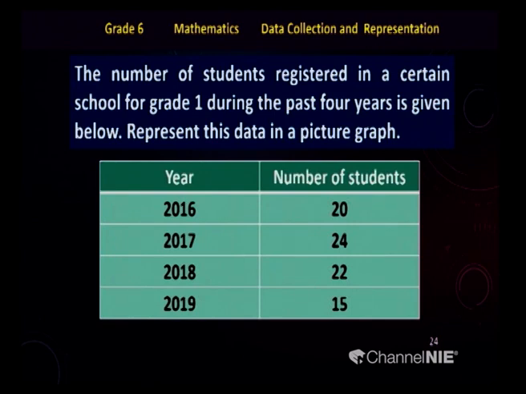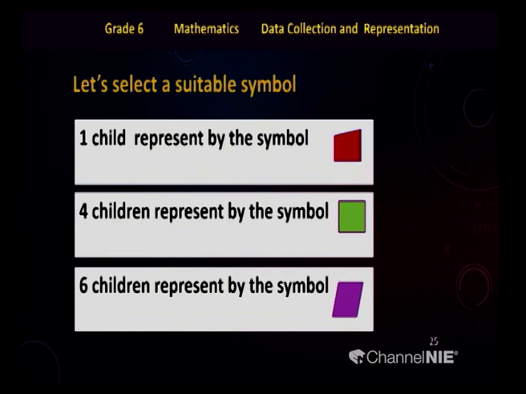Here, what do you think about the last symbol? That represents 6 children. When you use 6, we can represent 24, but we can't represent numbers like 15 and 22.